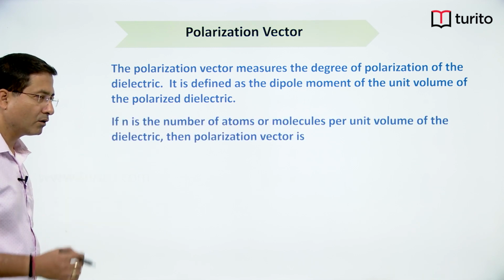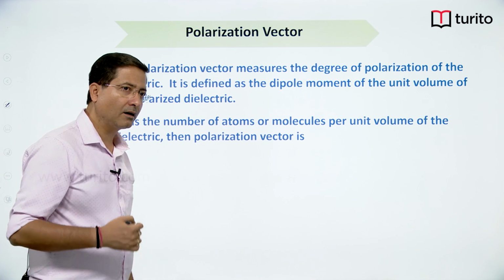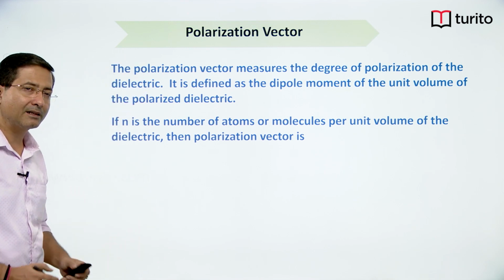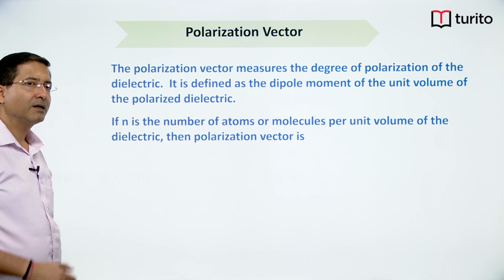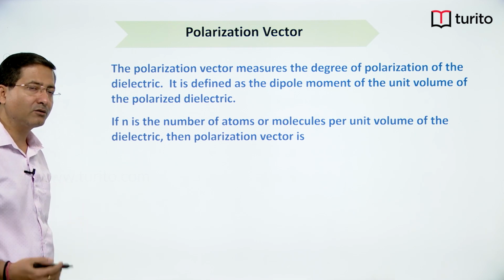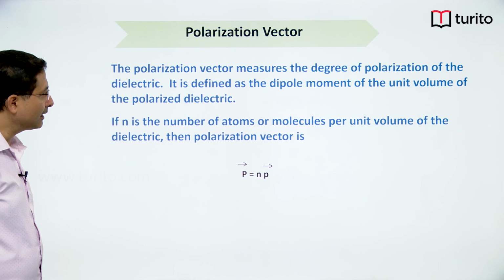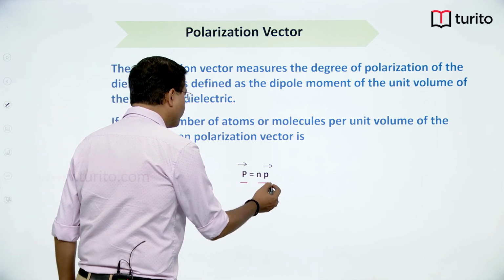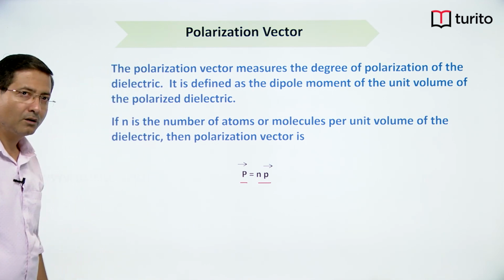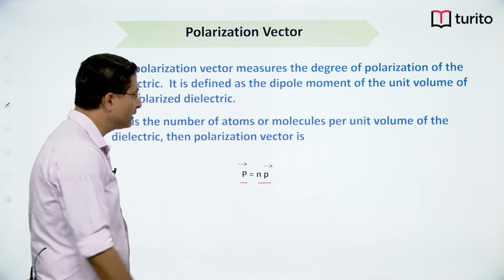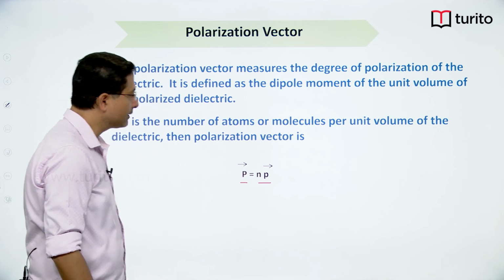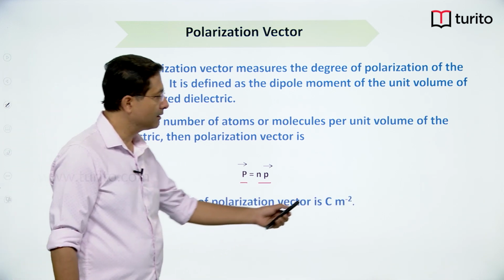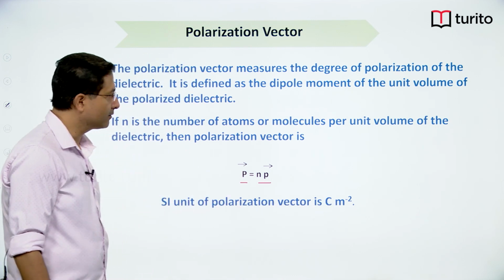For a particular molecule, if I assume the dipole moment is P and there are n such molecules in the medium per unit volume, then the net dipole moment per unit volume will be n times P, right, and its SI unit is Coulomb per meter square.